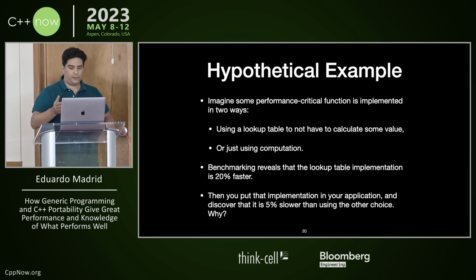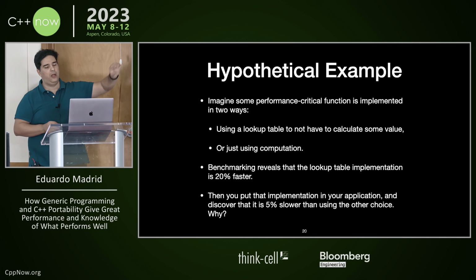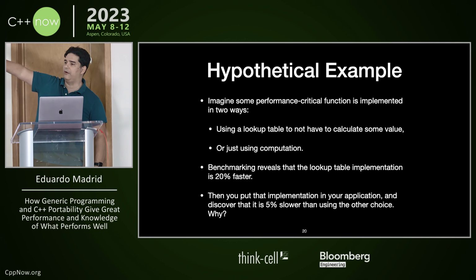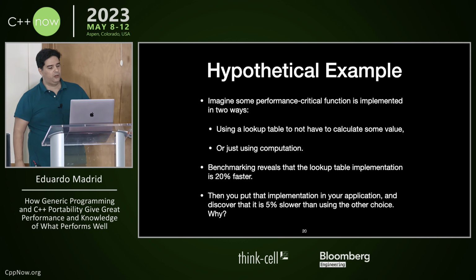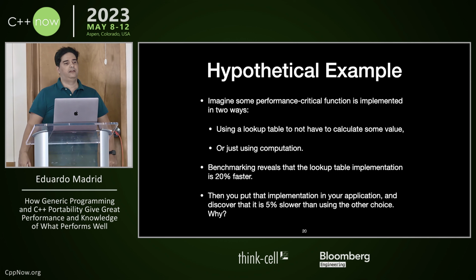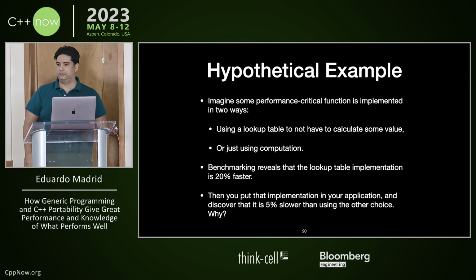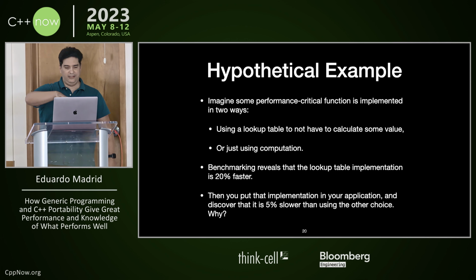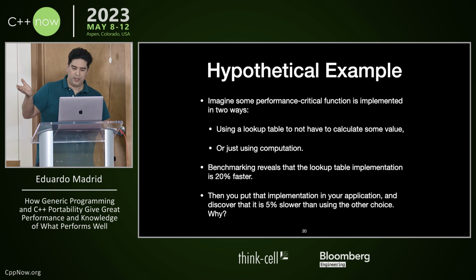So you have that option of doing the computation, or the option of resorting to a lookup table. So maybe you're going to benchmark and see that your lookup table is 20% faster than the computation. This is realistic, by the way. This is hypothetical, but inspired from a realistic example that happened to me.